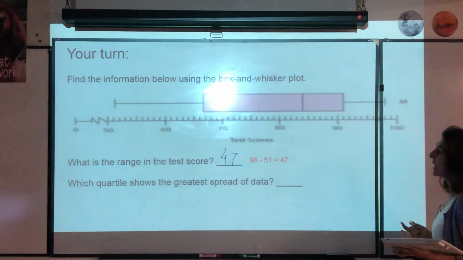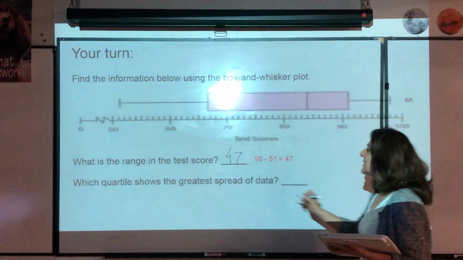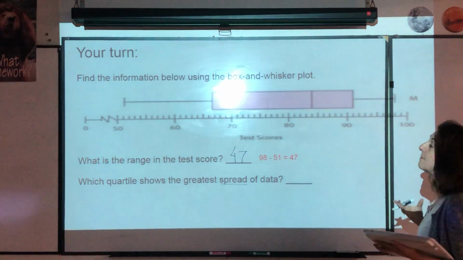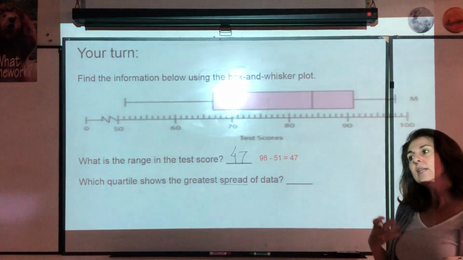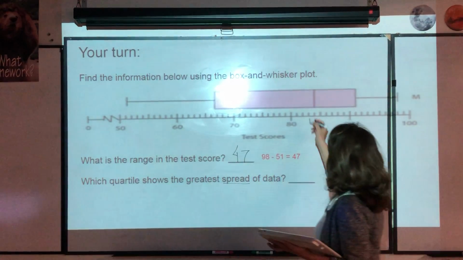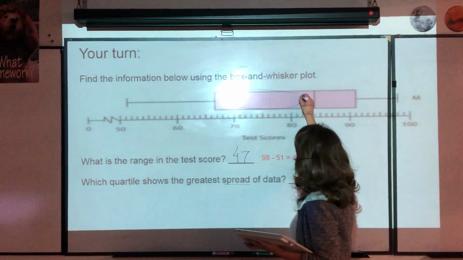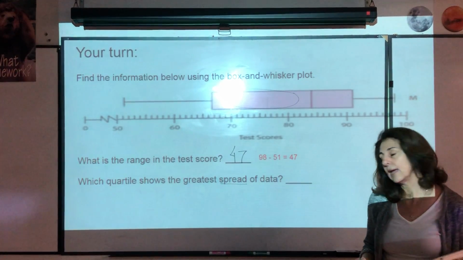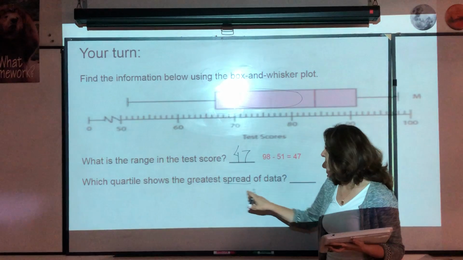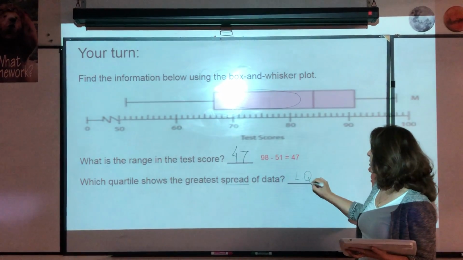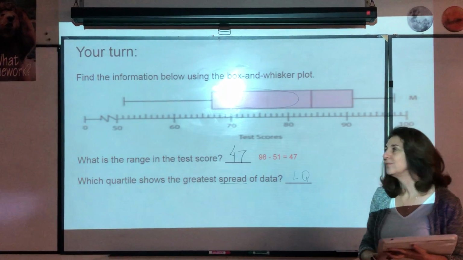And which quartile shows the greatest spread of the data? So which one has the most information, like where did most of the students have their grades? We see that this part here is where the students got the greatest spread of data. So we would say that it is in the lower quartile.